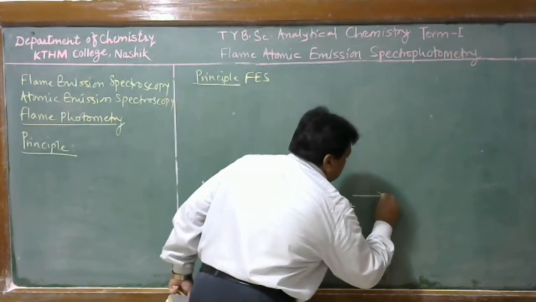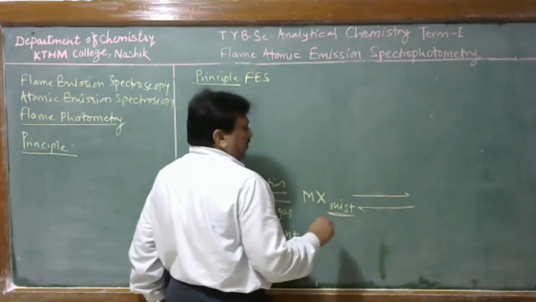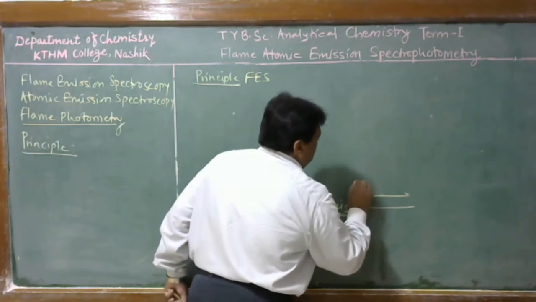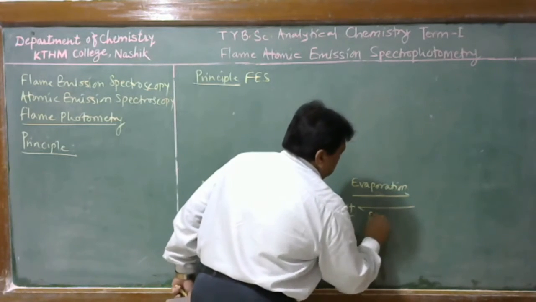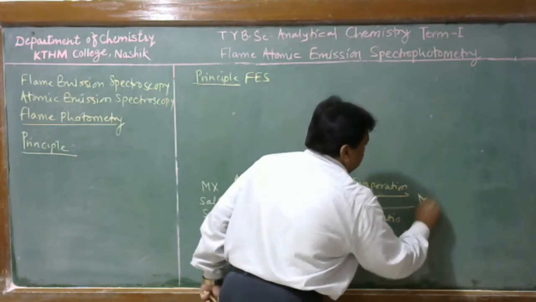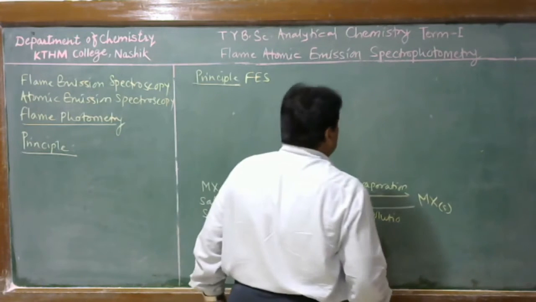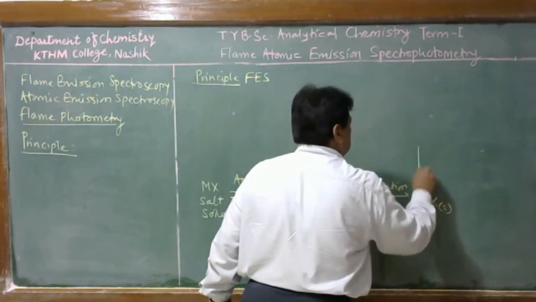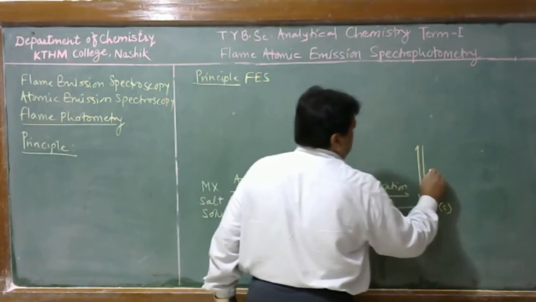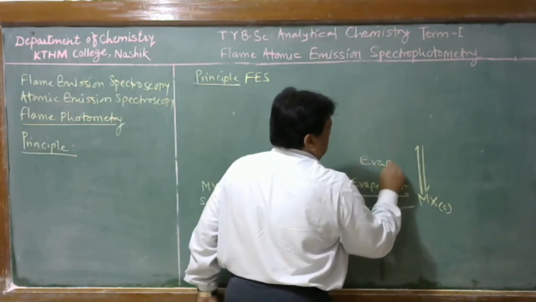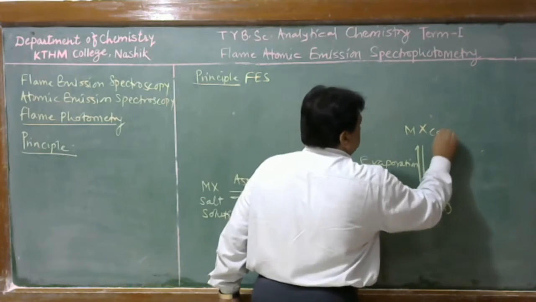This mist contains that particular metallic salt plus a fuel gas as well as oxygen. When evaporation of solvent takes place, here this MX is converted to MX solid. This MX solid, when it undergoes vaporization, is converted to MX gas.